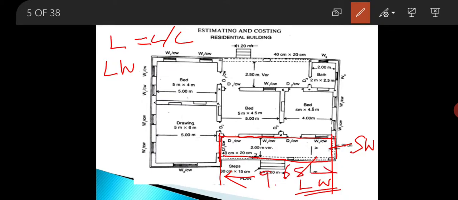Here mark one thing: on one side of the long wall there is a 30 centimeter wall, and on the other side there is a 20 centimeter wall.